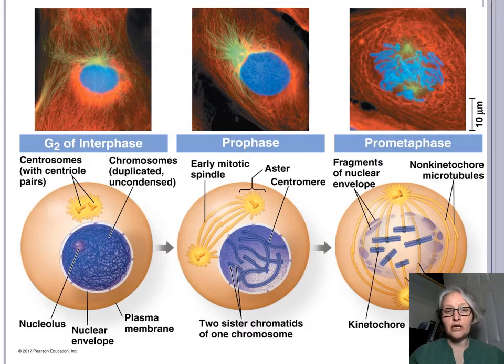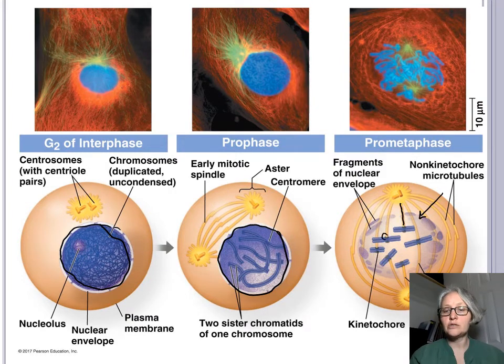Your textbook does a great job of diagramming this out. So here we can see our cell in interphase. The DNA is all in chromatin form. When we get to prophase, the DNA has now condensed. In our picture of prometaphase, you can see the nuclear envelope disappearing, and those spindle fibers are grabbing onto those kinetochore proteins.